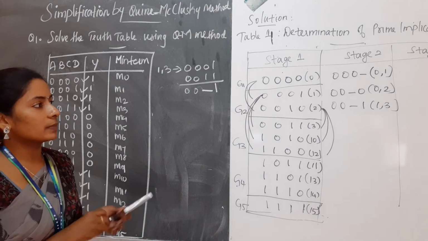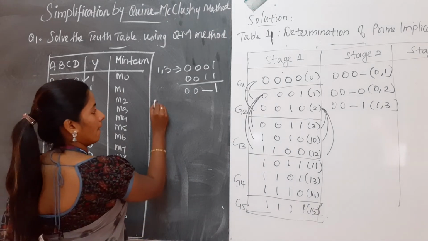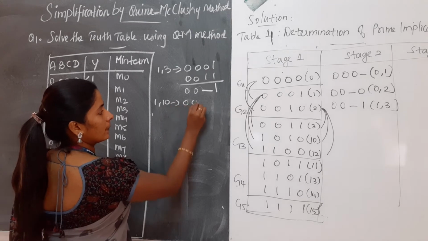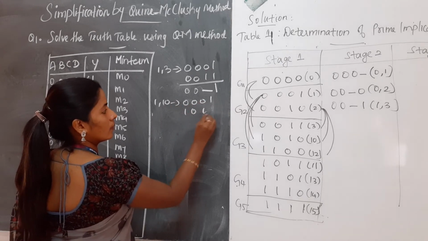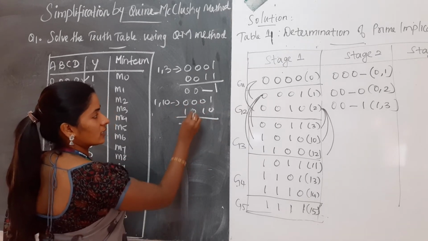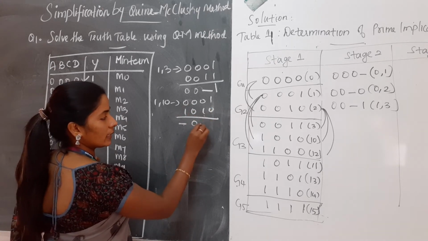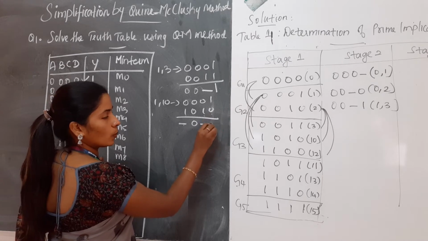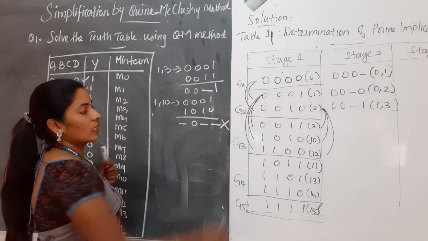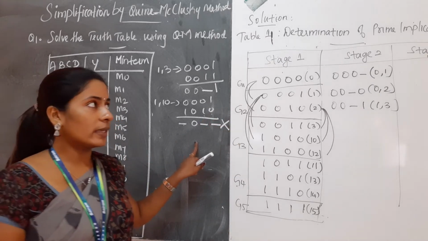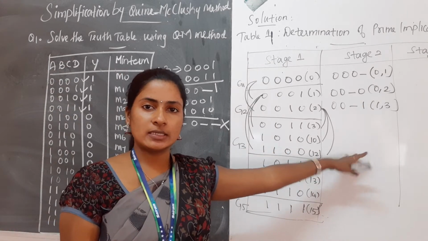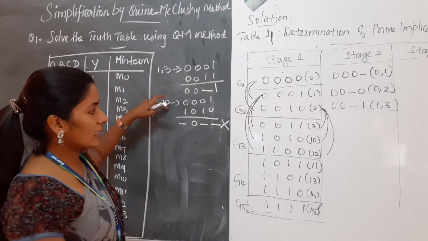Next I will compare 1 and 10. 0 0 0 1 and 1 0 1 0 gives dash 0 dash dash. So there are 3 dashes. This cannot be written in stage 2, so I will reject that. 1 and 10 got cancelled.